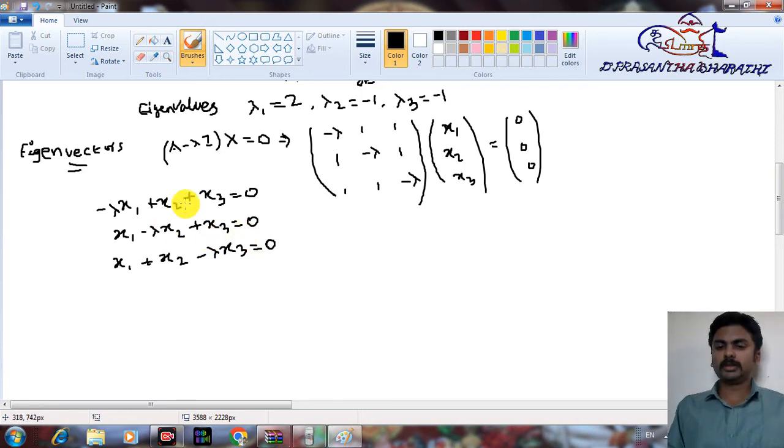So this is our required equation. We can take this as equation number 1, this as number 2 and this as our number 3.